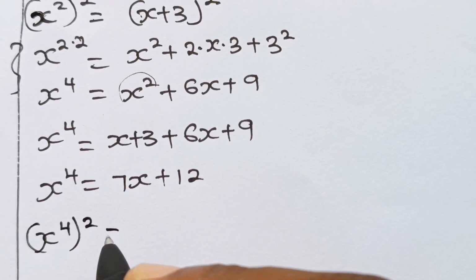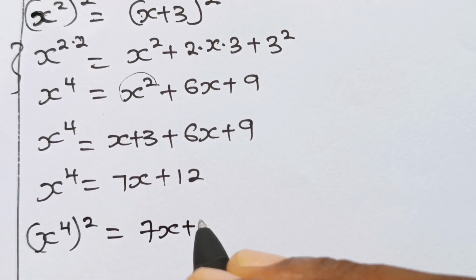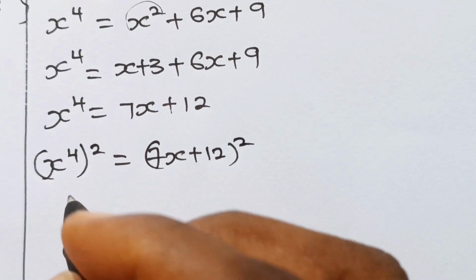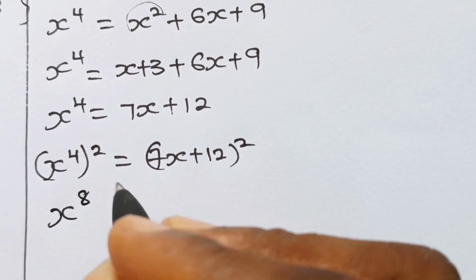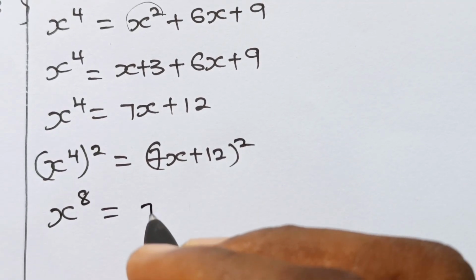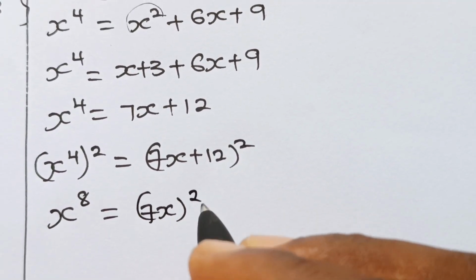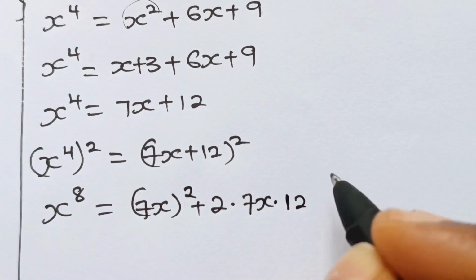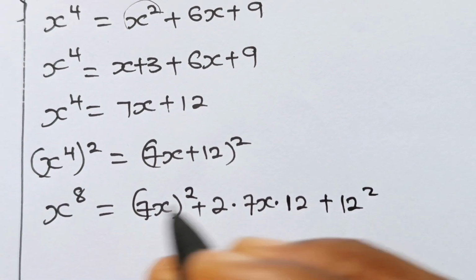So we square both sides. If we do that, we have x to the power of 8 is equal to 7x squared plus 2 multiplied by 7x multiplied by 12 plus 12 squared.